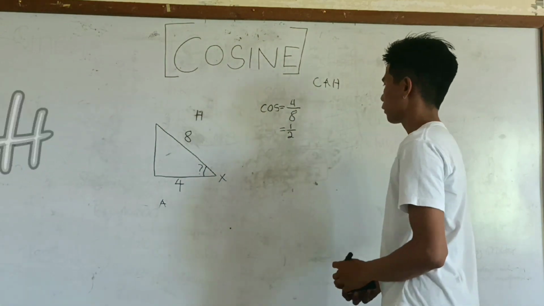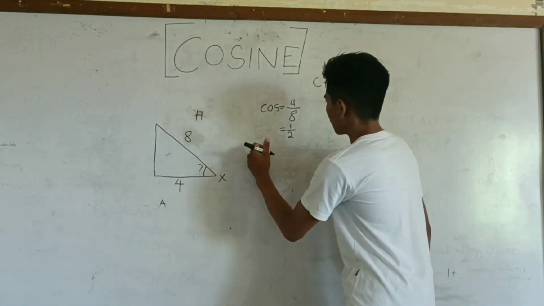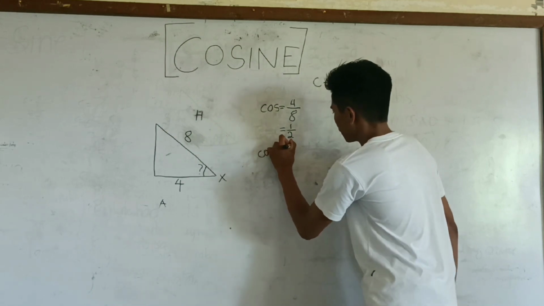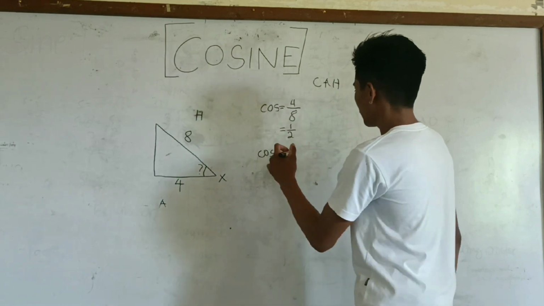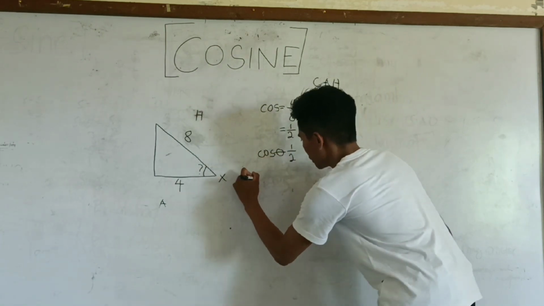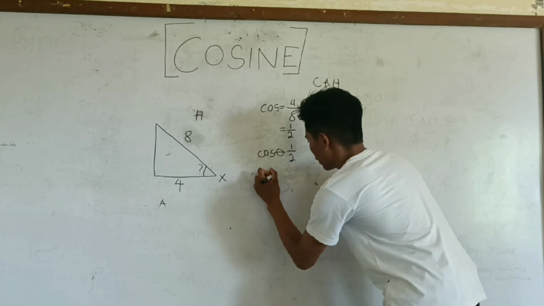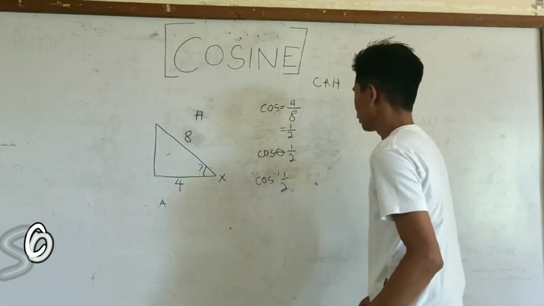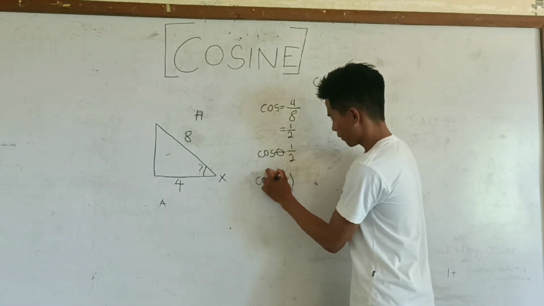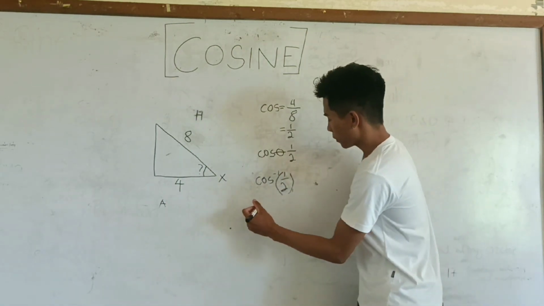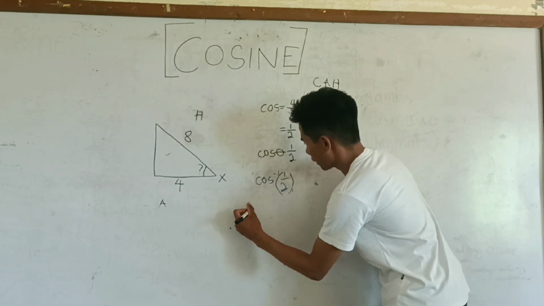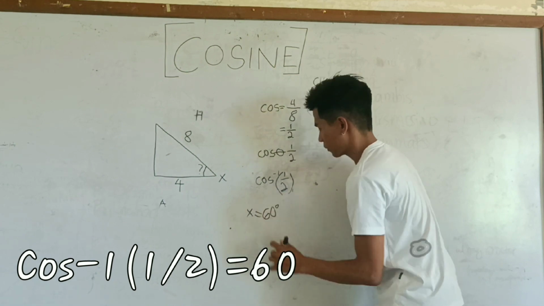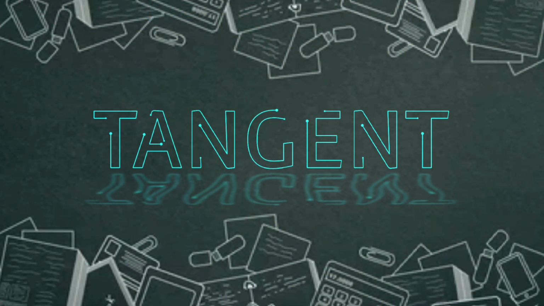And then, to find the degree of cosine theta equal to 1/2, we're going to find its inverse. Cosine raised to negative 1 of 1/2. And then, using our calculator, our x here is equal to 60 degrees.